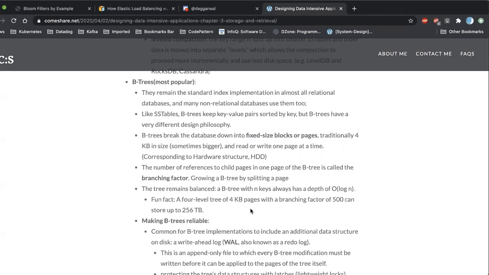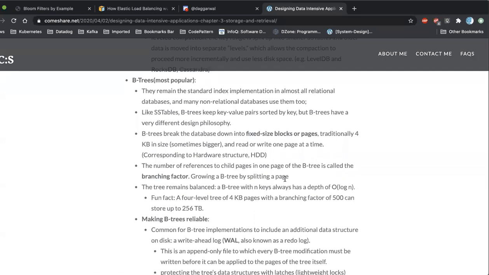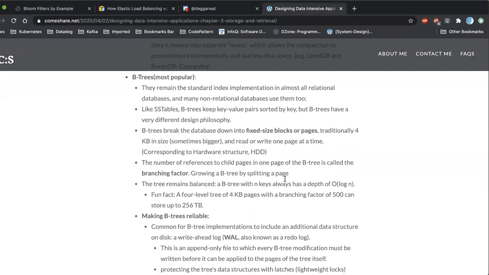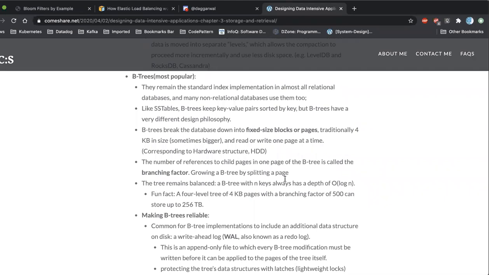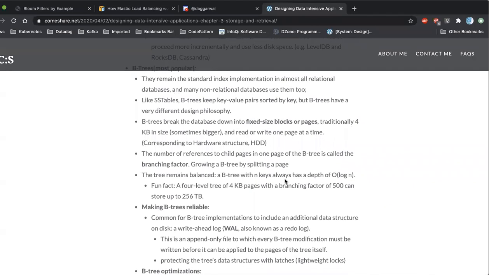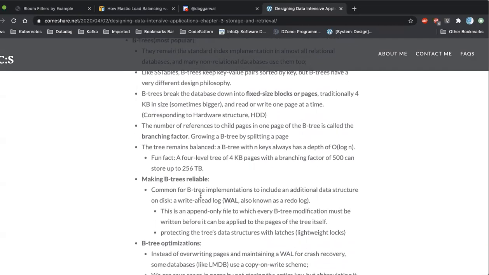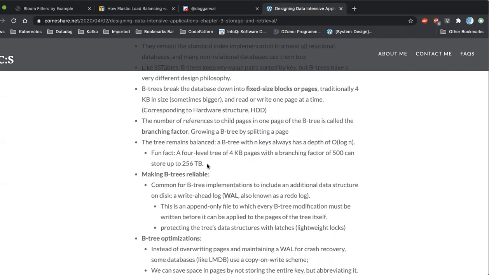Okay. Cool. I think you kind of covered the branching factor. I think that was the next part of it, and how this branching factor impacts how much it can store. I think with 4 levels and a 500 branching factor, it's like 256 TB can be used. So it's like 256 TB of data can be referred to with this kind of branching factor, right?